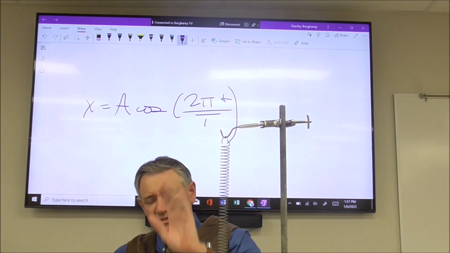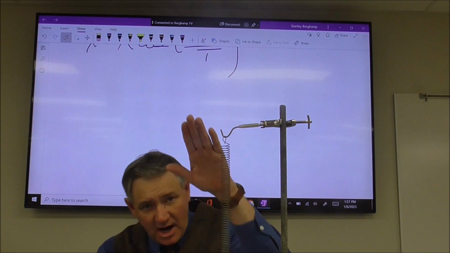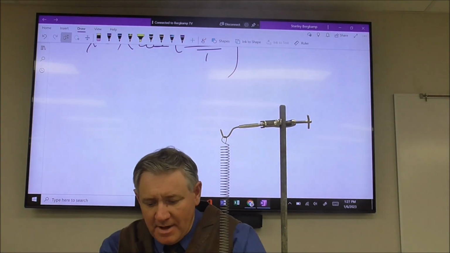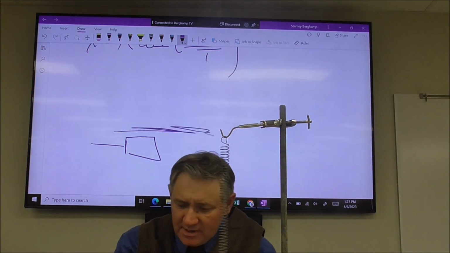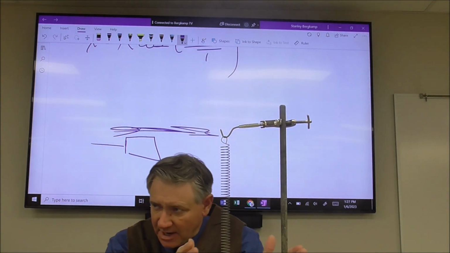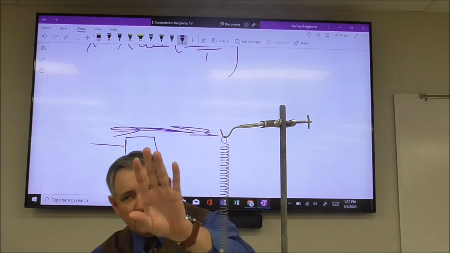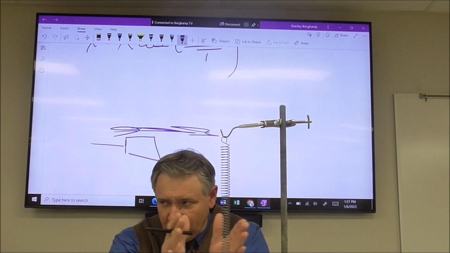Well, here's the best visual. Imagine that instead of oscillating up and down, you put that thing on a spring and have it oscillate back and forth horizontally. It's going back and forth like this. So have that visualization.